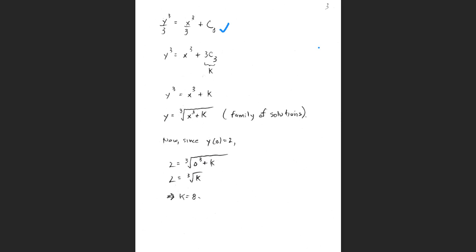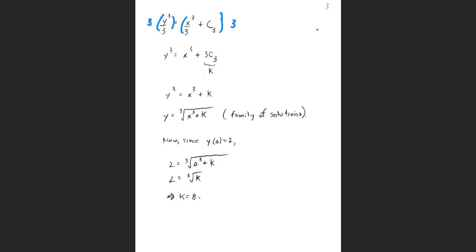So what we'll do is some algebra here. I'll multiply both sides of this equation by 3.